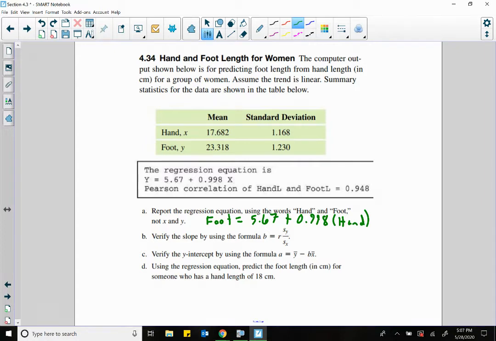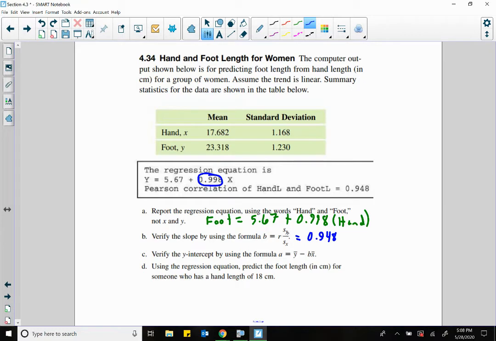Part B says they want you to verify this number. They're asking about the slope. Can you verify that it is 0.998? So all we're going to do is plug into this formula the numbers that we know. Let's do this in a different color, so let's grab blue. What is the R value? R is the correlation coefficient. So it is 0.948.